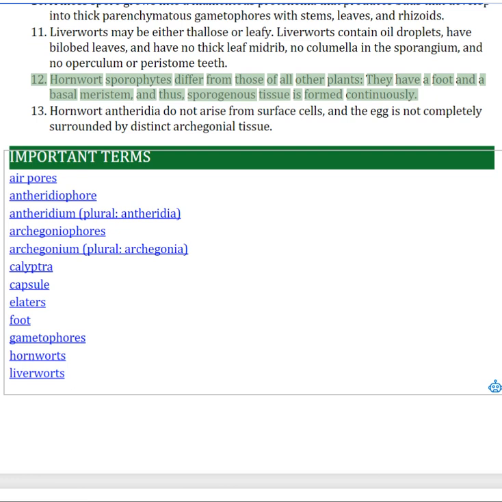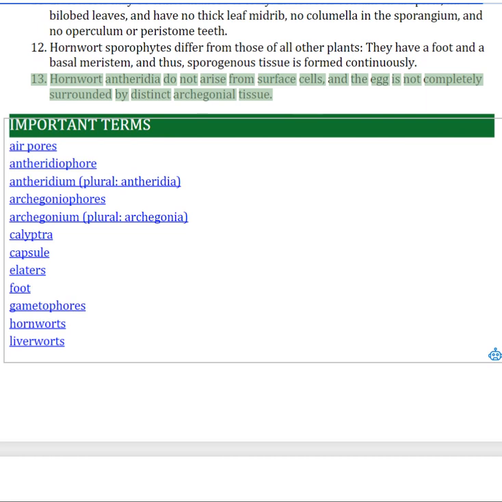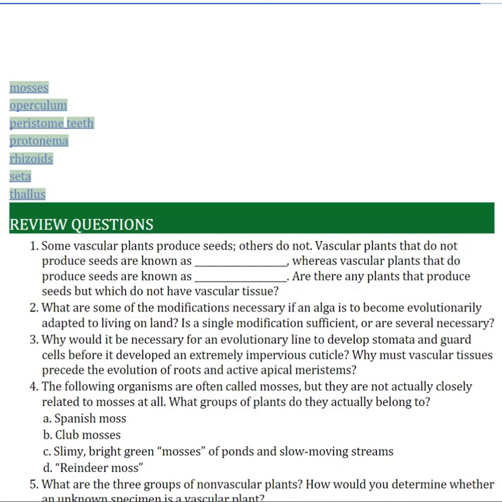Hornwort sporophytes differ from those of all other plants. They have a foot and a basal meristem, and thus sporogenous tissue is formed continuously. 13. Hornwort antheridia do not arise from surface cells, and the egg is not completely surrounded by distinct archegonial tissue. Key terms: mosses, operculum, peristome teeth, protonema, rhizoid, seta, thallus.